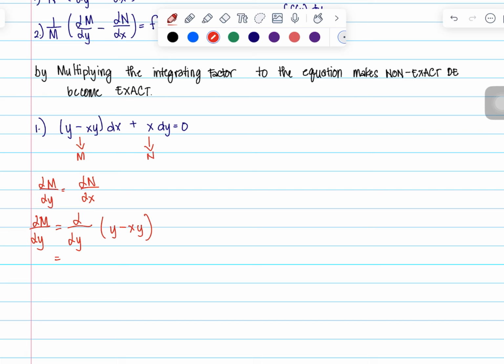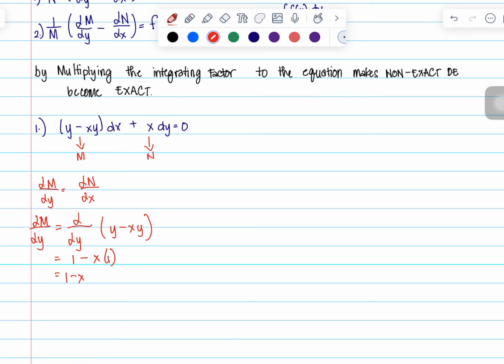What is the partial derivative of y with respect to y? That is 1, minus, so we treat all the other variables as constants, so we have x. And what is the partial derivative of y? That is again 1, so that would be equal to 1 minus x.